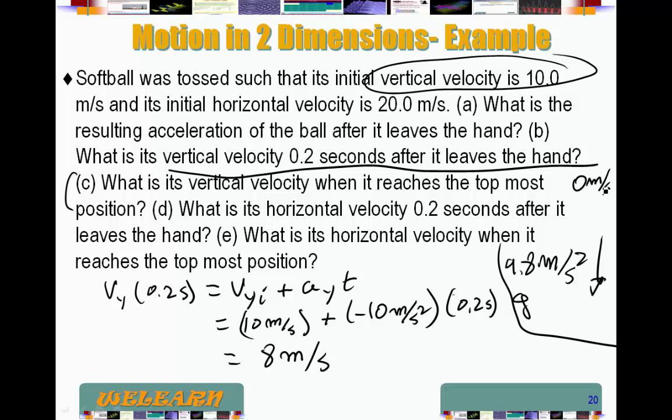Since there is no acceleration along the horizontal, the velocity at 0.2 seconds is going to be the same as the initial horizontal velocity, or 20 meters per second. What is the horizontal velocity when it reaches the topmost position? Horizontal velocity at any time is 20 meters per second, since we don't have an acceleration along the horizontal.